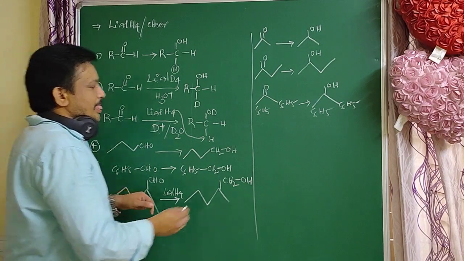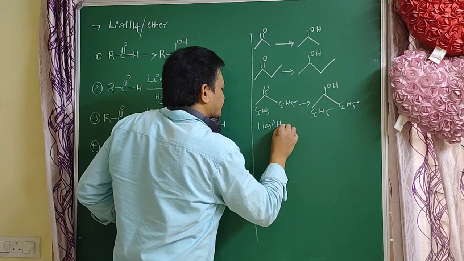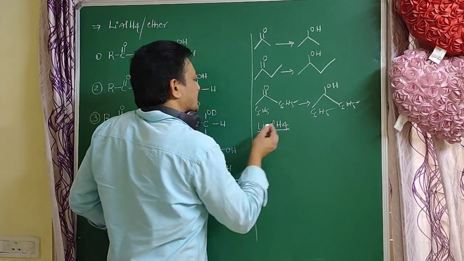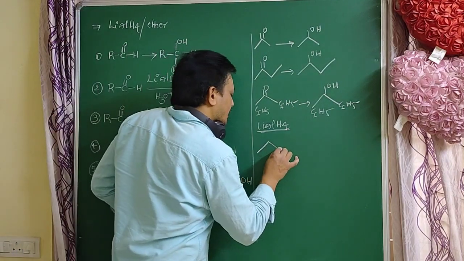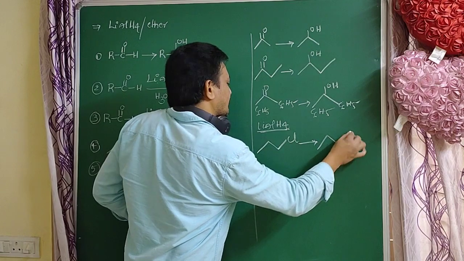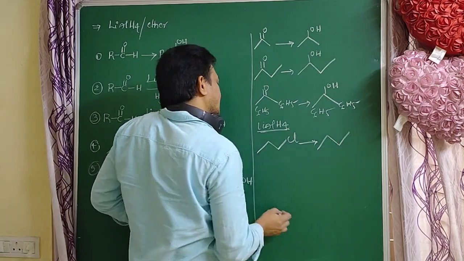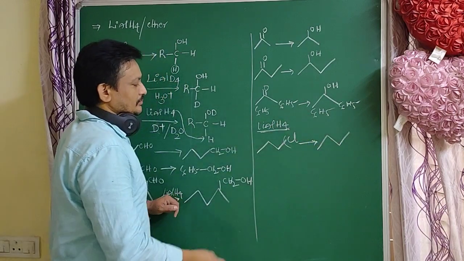Next, in the presence of lithium aluminum hydride, primary alkyl halides easily convert to alkanes. Remove the halide here and add hydrogen.